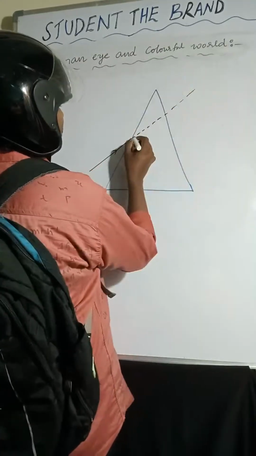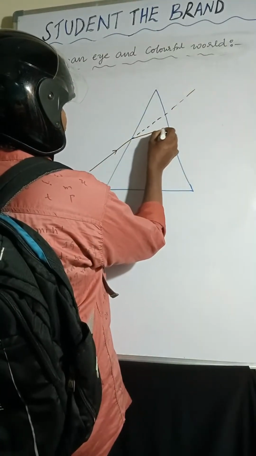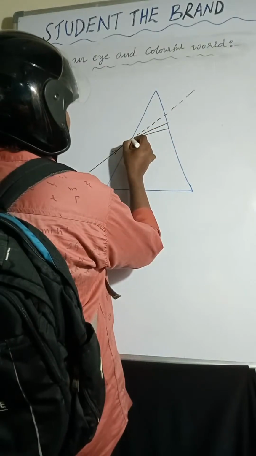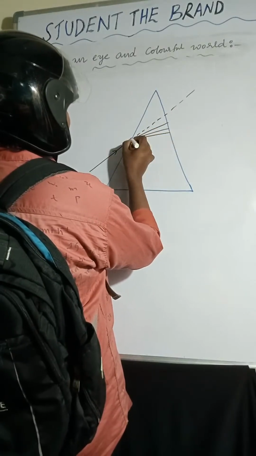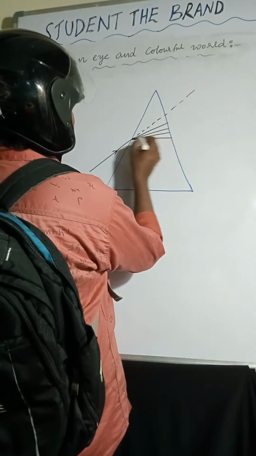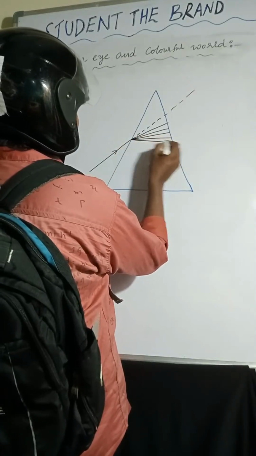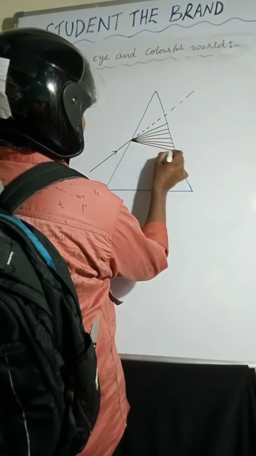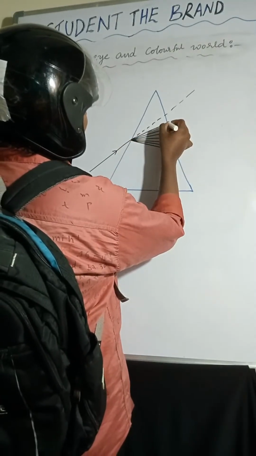So it is split into 7 colors. 1, 2, 3, 4, 5, 6, 7.